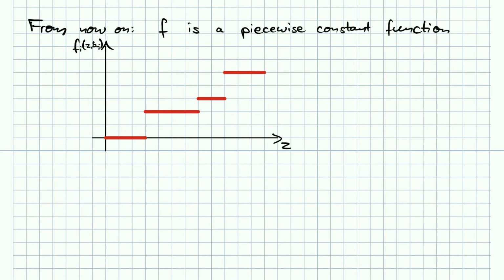And what if we don't have such a function? We can actually do exactly the same things that we will be doing now. The only thing that gets different is that you want to approximate your function by such a piecewise constant function. You can always do this within any margin of error that you say.